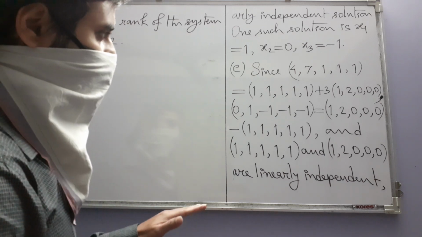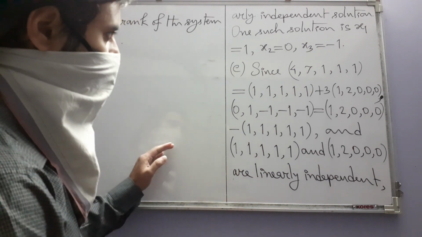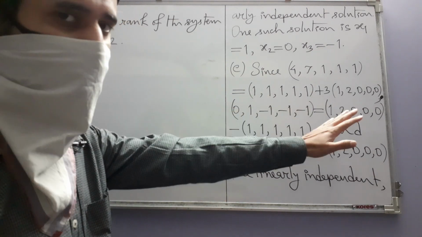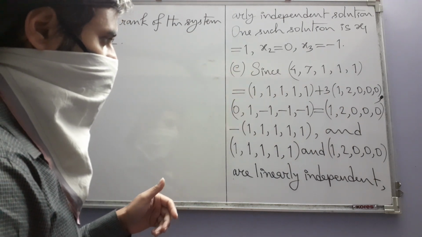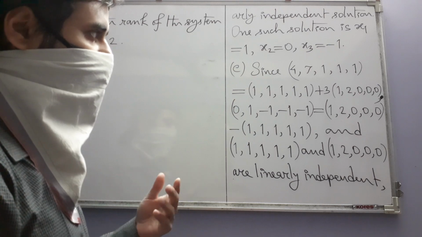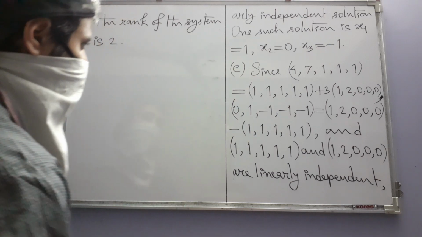Now because we are in a 5-dimensional space, that's because there are 5 variables involved, and the rank is 2. So the solution space will be of dimension 5 minus 2 equal to 3. It will be a 3D subspace of R5.